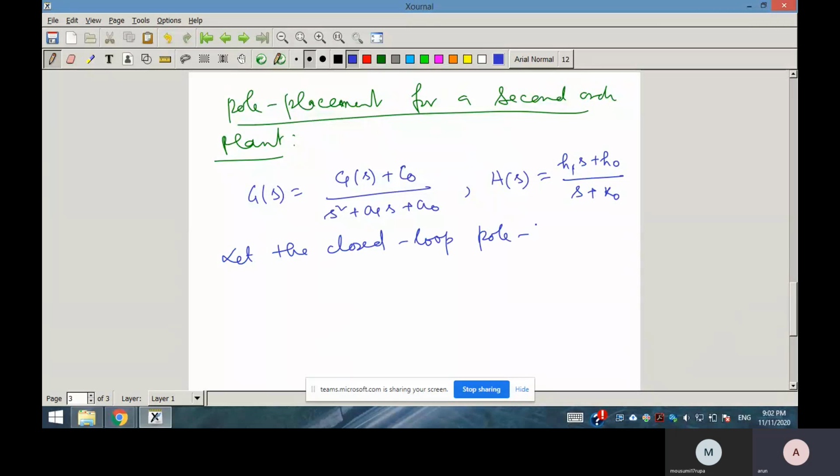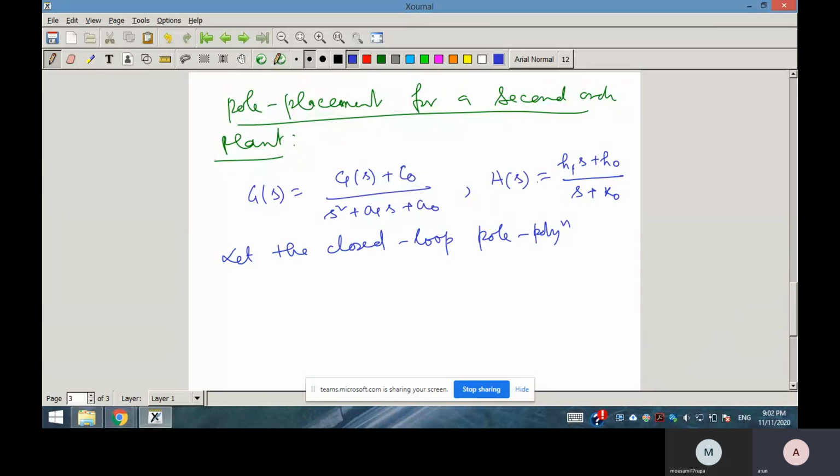What is the closed loop pole polynomial order? It will be 3, the numerator of 1 plus G(s)H(s), which will be third order, 2 plus 1.